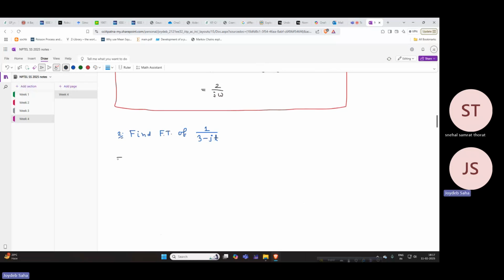And to solve this, first we need to solve these few parts. Fourier transform of e to the power minus 3t u(t). Why I am solving this? You will understand in a later part.